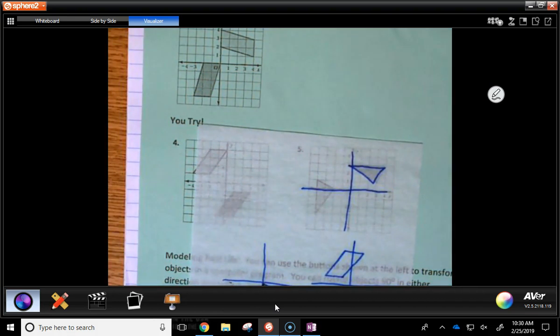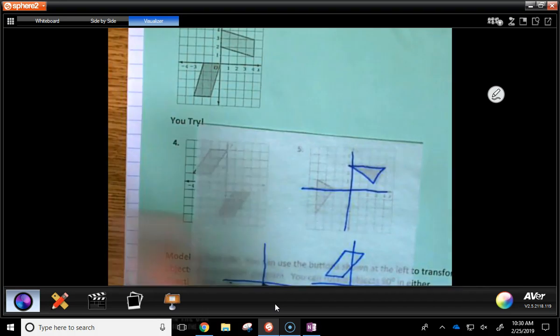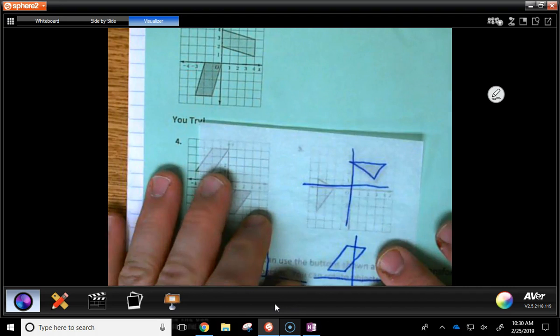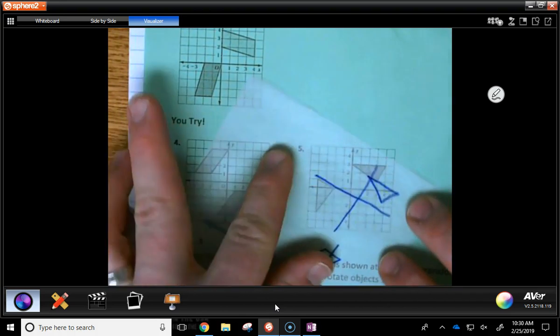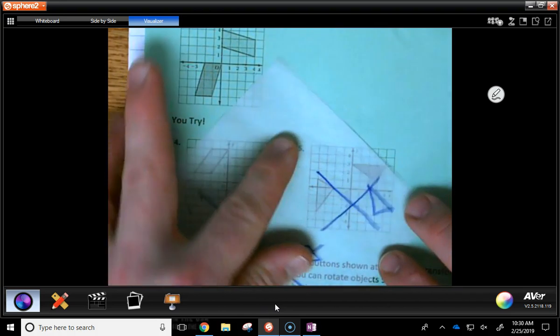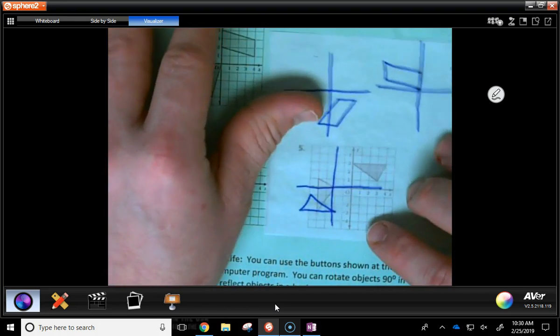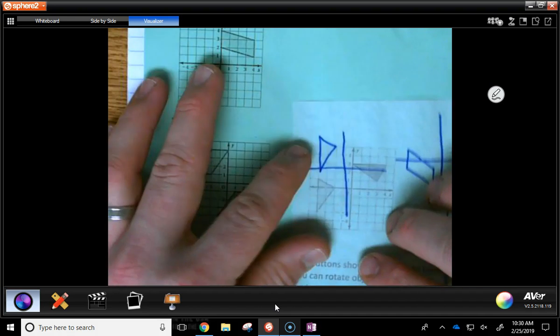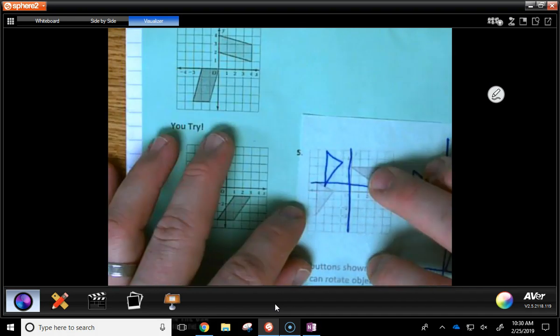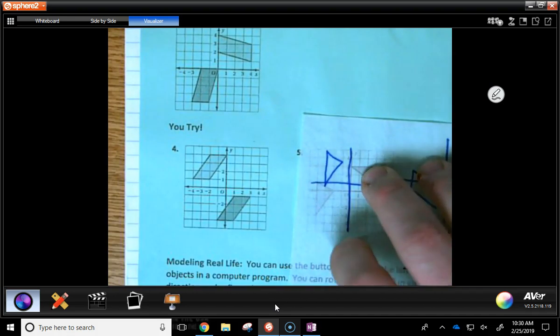Okay, rotate what? 270. Clockwise or counterclockwise? Alright, so turning left? Or right? Right, I think. Do you want me to turn this way? Yes, 3 times. Alright, so that's 1, 2, 3. And then translate left 1 unit.